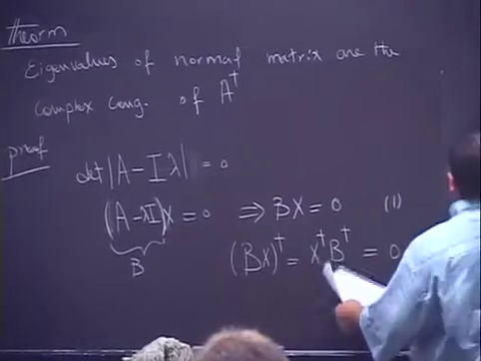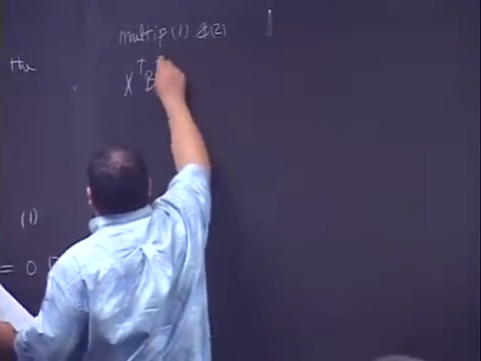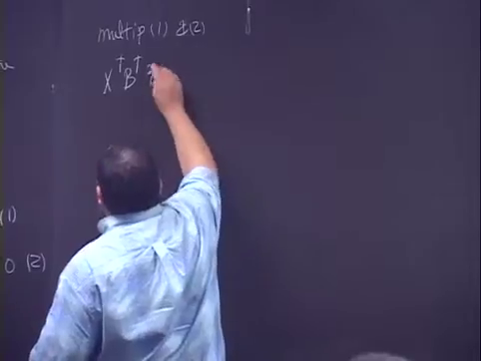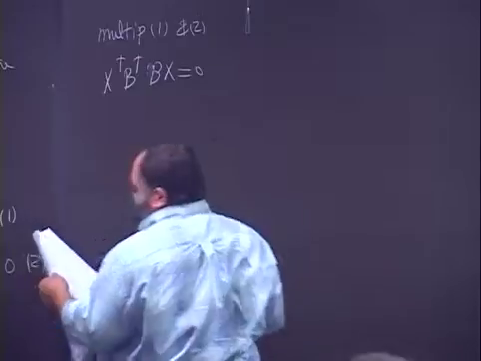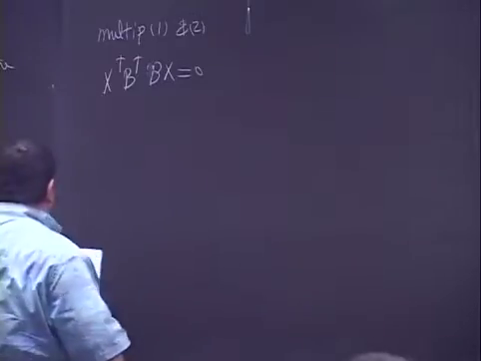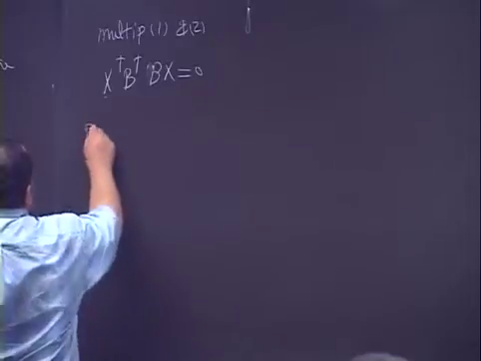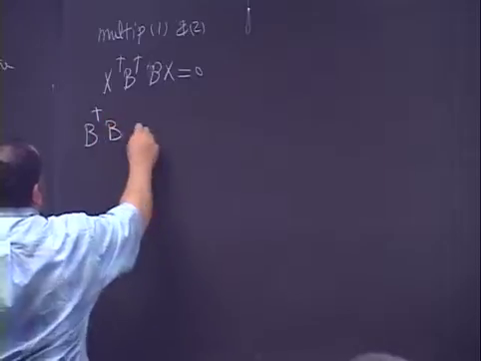You will have x adjoint B adjoint multiplied by Bx equal to 0. So what's B adjoint B?